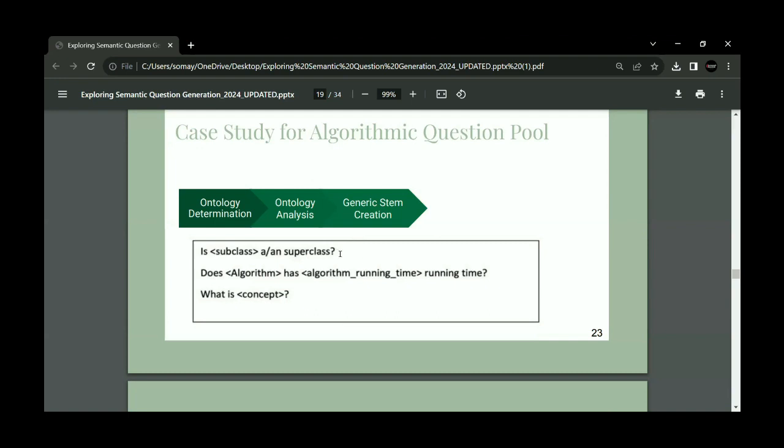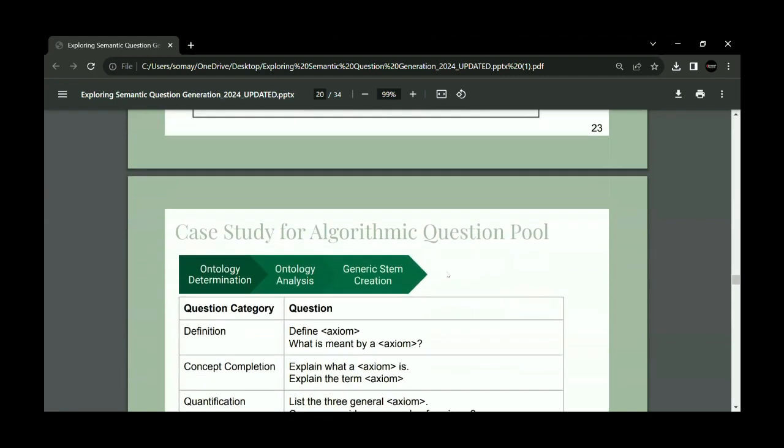So here we are taking the is-a relationship between concepts. And here we have this algorithm has an algorithm running time. This is using the algorithm running time property. And here we have what-is questions.